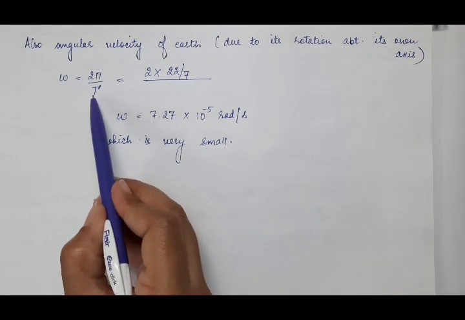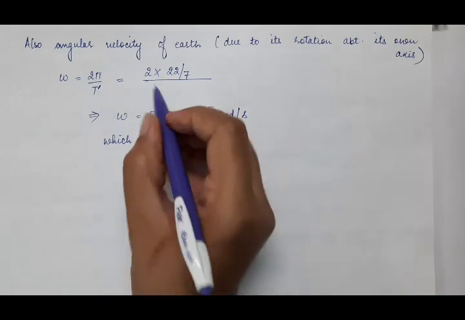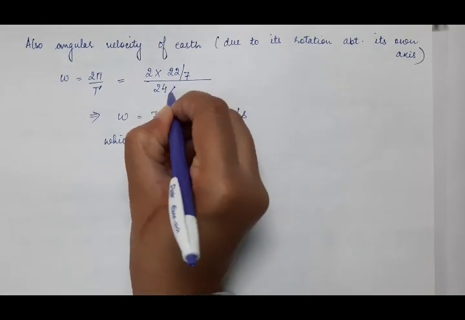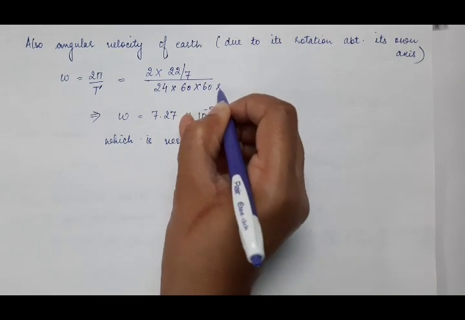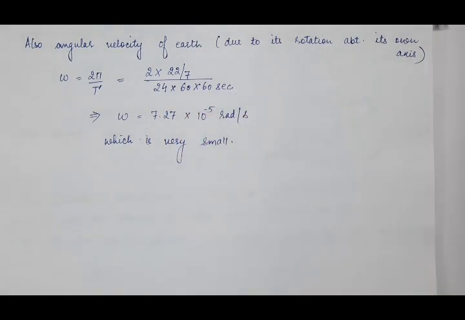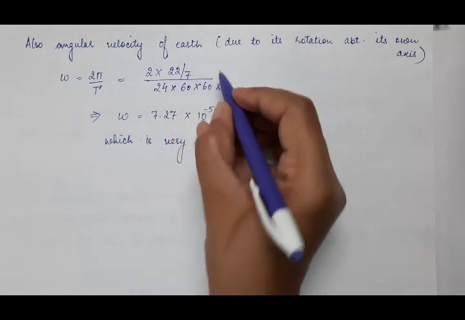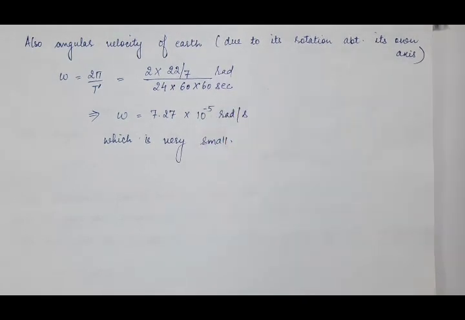So it will be 24 hours, and 1 hour is equal to 60 minutes and 1 minute is equal to 60 seconds. So we have converted this into seconds. This is angle, so we have radian per second.